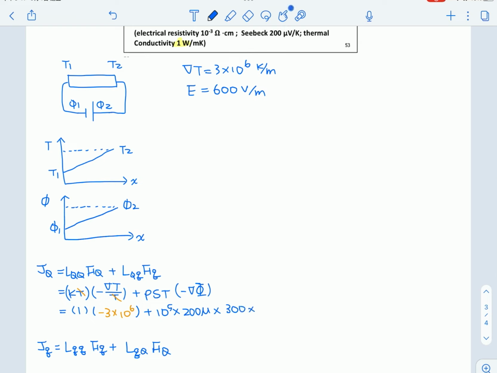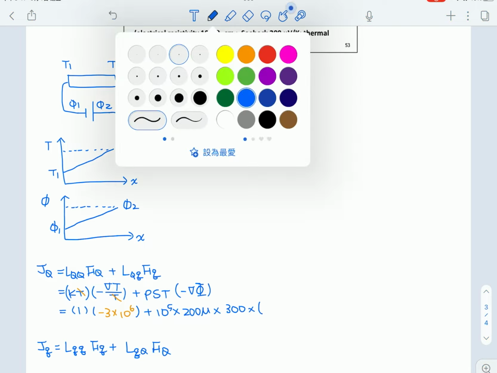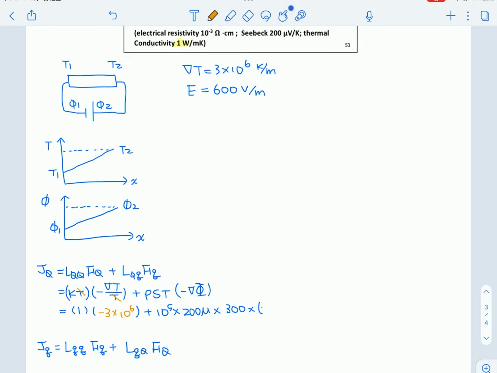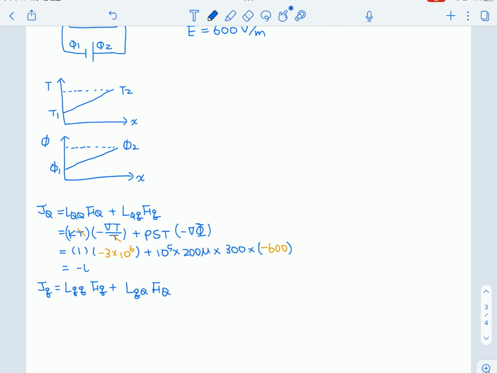Then you have the minus electrical potential gradient. So phi2 minus phi1 is positive, then negative, so it's a negative. Okay, so after a simple calculation, you get minus 6.6 times.